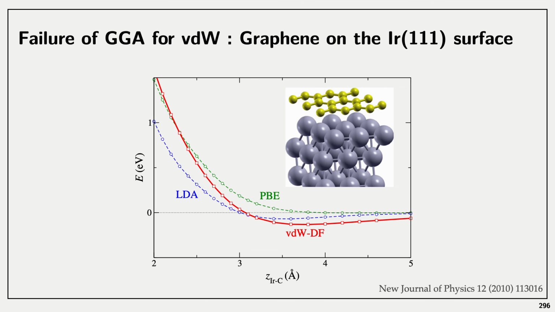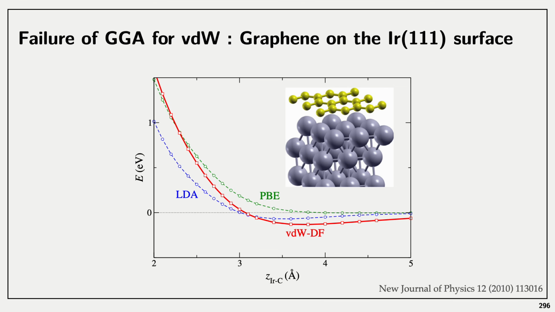PBE, it's obvious that PBE is not good with van der Waals, and in this case it's obvious because there's no minimum. Actually, it keeps going down. In other words, in PBE, a piece of graphene and iridium would be happy to be infinitely away from each other. I mentioned to you corrections to PBE using a van der Waals correction.